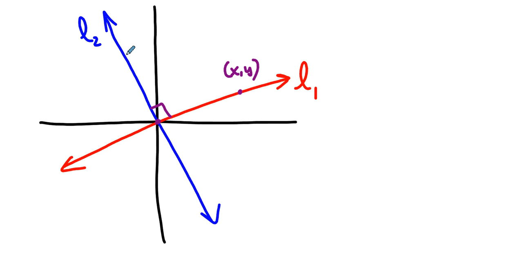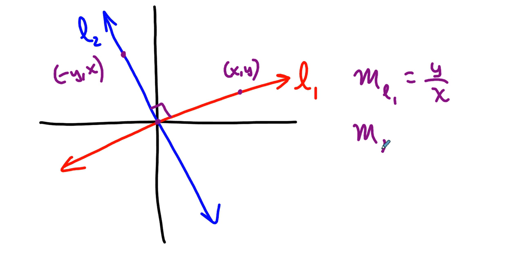Well, we know that 90-degree rotations send (x, y) to (-y, x). So if the slope of L1 is y over x, the slope of L2 is negative x over y.